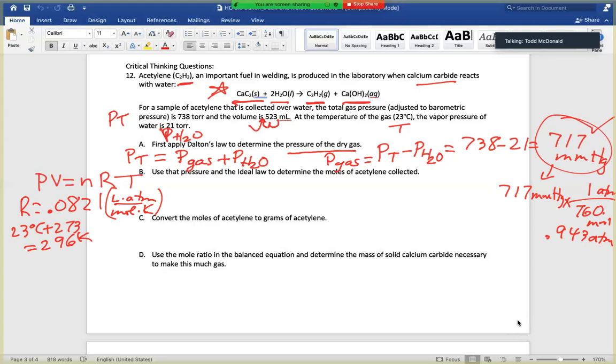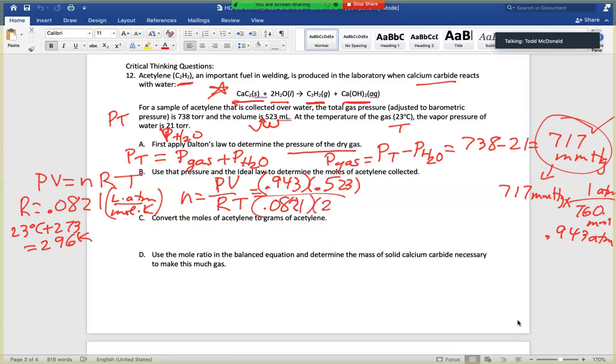All right, so I'm going to rearrange my PV equals nRT equation. I want to get n by itself. So I'm going to divide both sides by RT, and that allows me to set it equal to n. So I'm going to plug in my numbers. My pressure we just found was 0.943 atmospheres. My volume is 0.523 liters. My R value 0.0821.